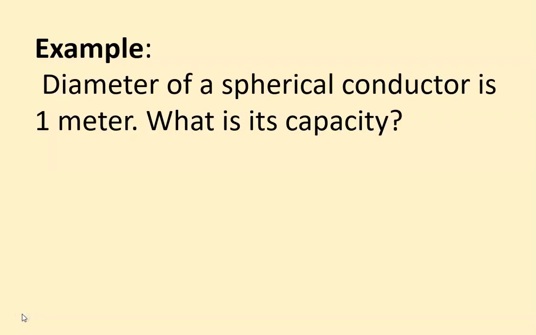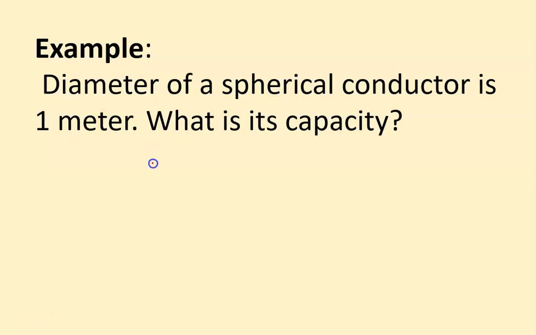Now let us solve one more example that is based upon spherical conductors or capacitors. In the statement it is given that the diameter of a spherical conductor is 1 meter. So here diameter D is given to you as 1 meter, and you have to find out the capacity.